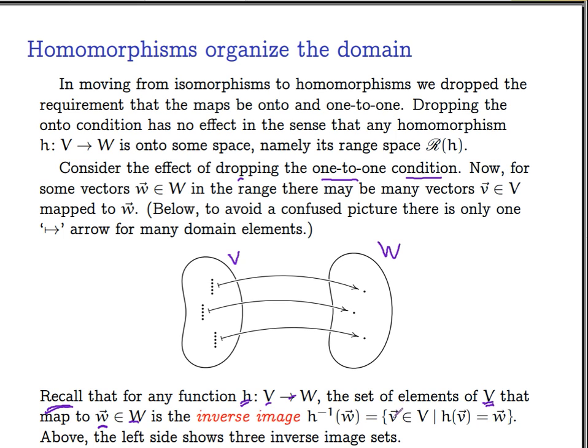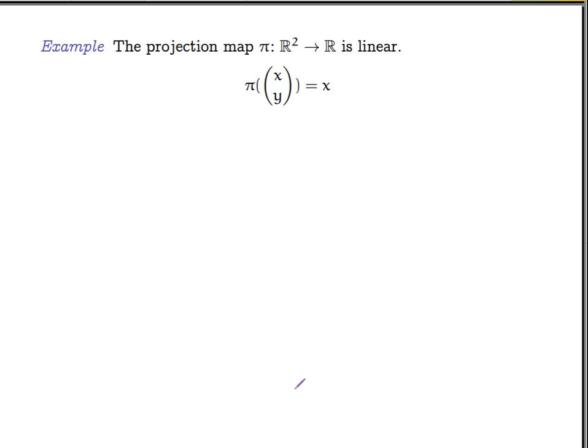So it's the set of all vectors v in the domain that map to that particular element in the range. So in this case, if this was W1 here, then this group here, that would be H inverse of W1. And similarly for the other ones, W2, W3, this would be H inverse of W2, and so on.